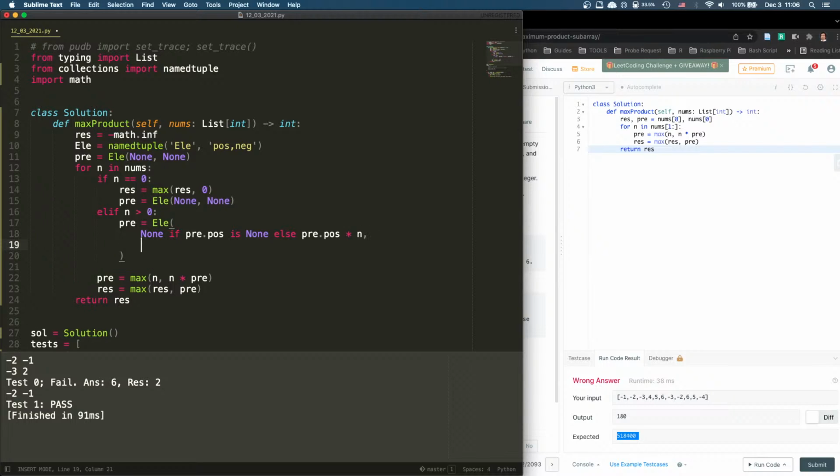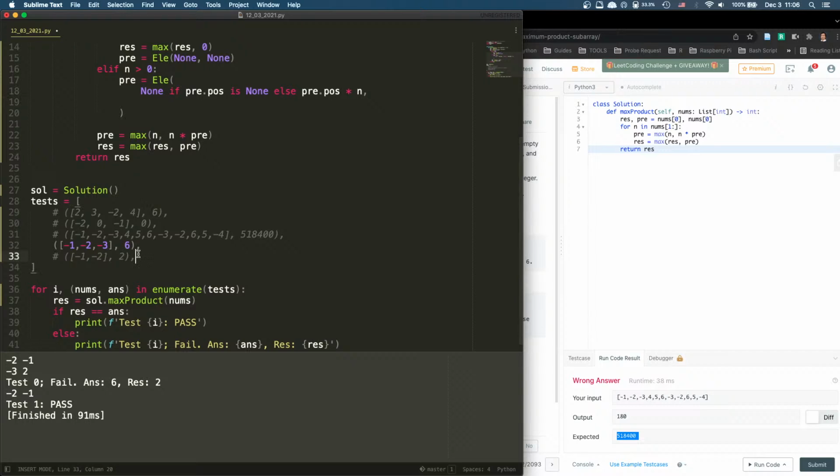Otherwise, and the result will always be, I shouldn't say always be positive, because the result can be negative, but as long as I have two values, it's not going to be. So actually, yeah, let me put these on as well.